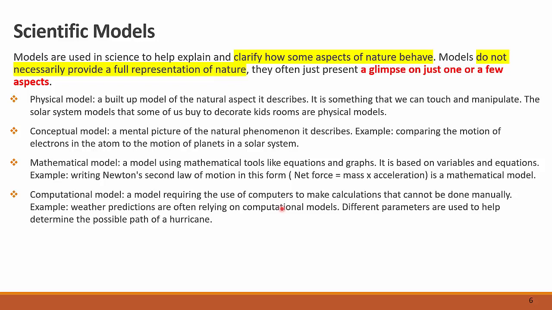Computational models are used quite a bit for weather predictions, for example, to explain how different weather fronts are moving and how they are going to interact. We often rely on computational models for that.